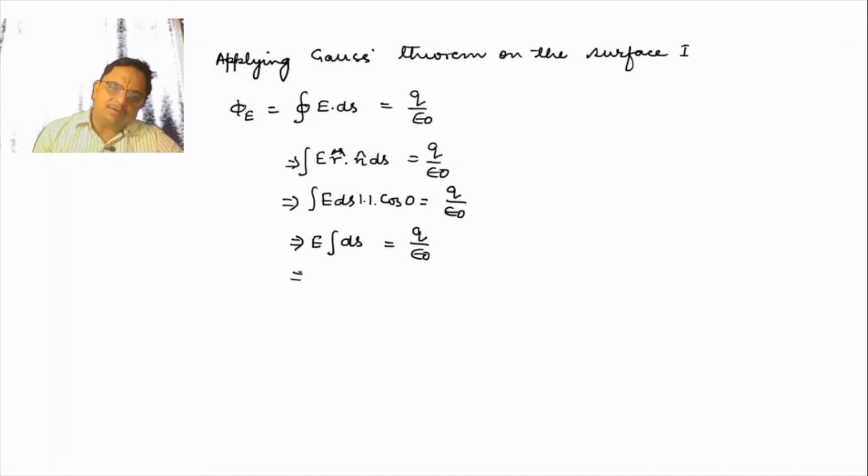Now we put the value. It is a whole integration of ds, that is the area of a sphere, 4 pi r square, and we put the value of q, that is sigma into 4 pi r square, over epsilon 0. We see here E is equal to sigma over epsilon 0.